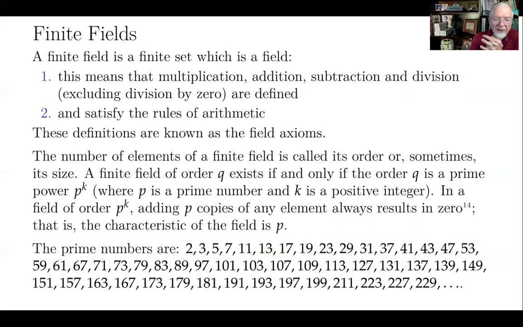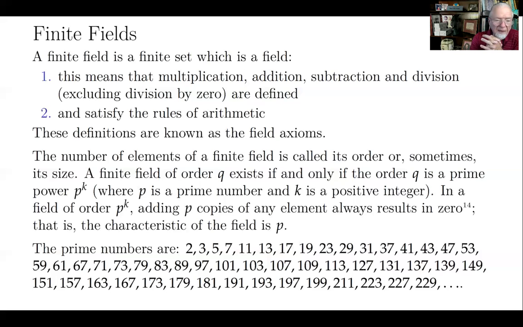So a finite field of order Q exists if and only if the order Q is a prime power, P to the K. So P is a prime number and K is a positive integer, 1 or whatever you want to choose.